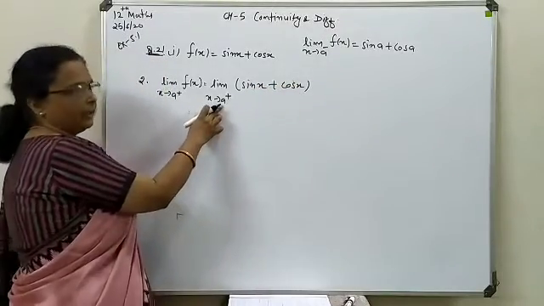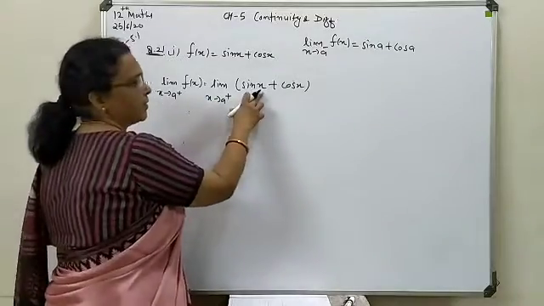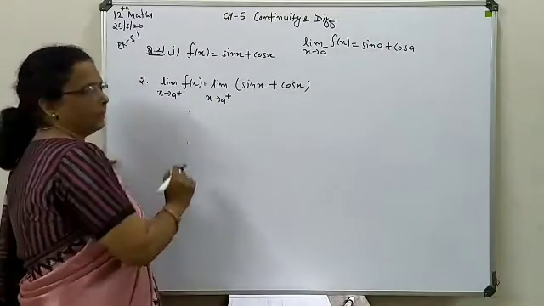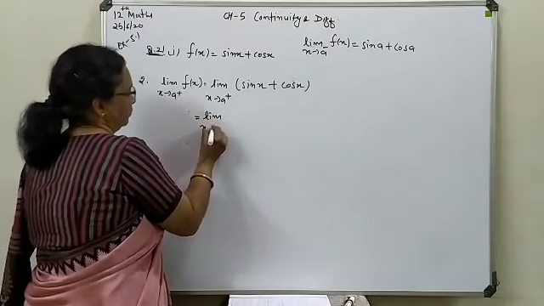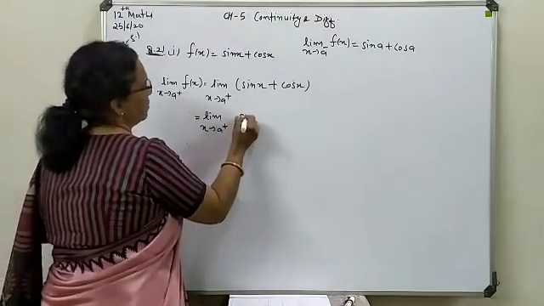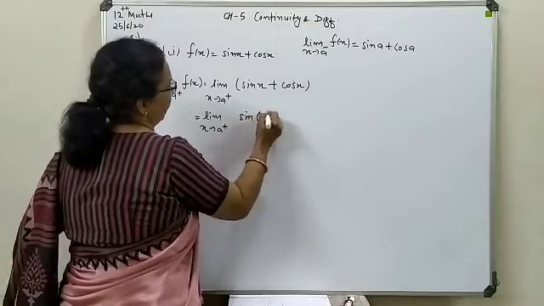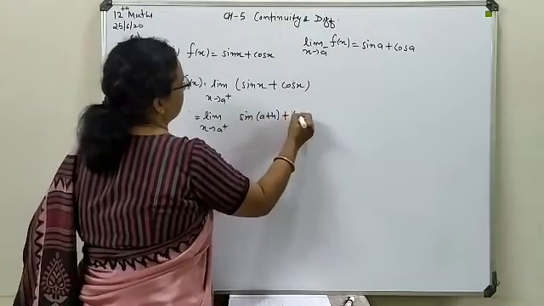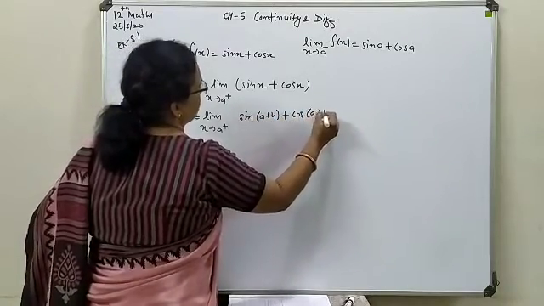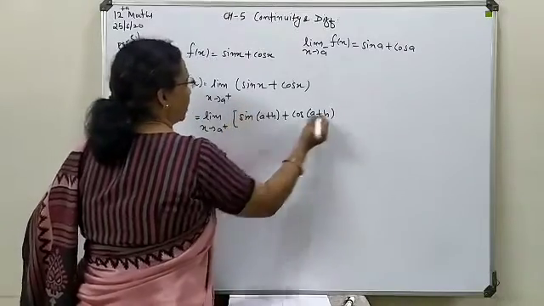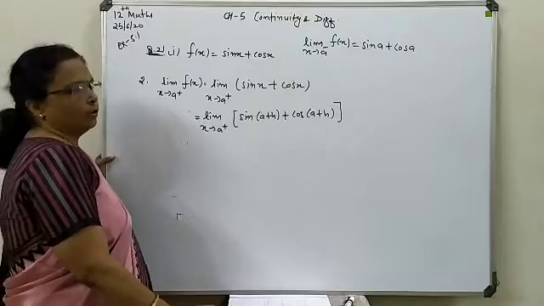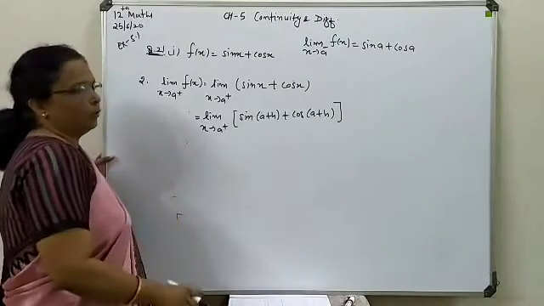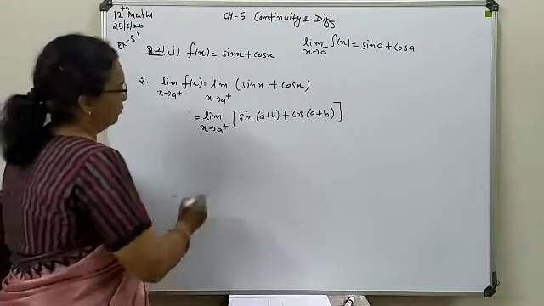As we are dealing with the right limit, everywhere x is to be replaced by a plus h. This is your sin of a plus h plus cos of a plus h. Now as we have done in the previous case, for sin and cos both we will implement the formula form.